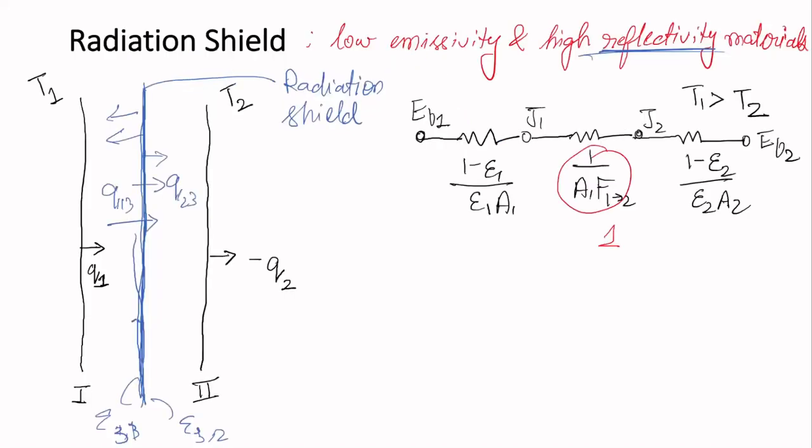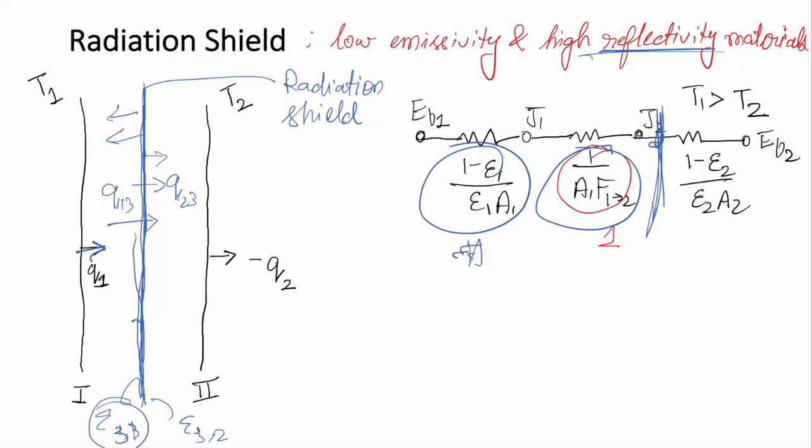So then from here again it has to go out. So I hope you are getting it. The first resistance is from this plate, just this one, then this resistance. Now here this plate has been added, right? So this particular resistance of epsilon 3 1 on the side of 1 will now come into picture, which will be similar to this. All right, then we have now reached till this point.